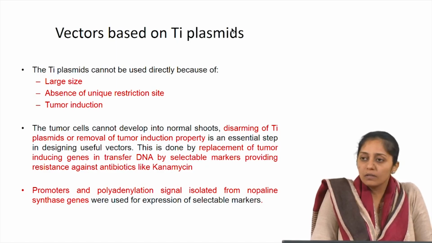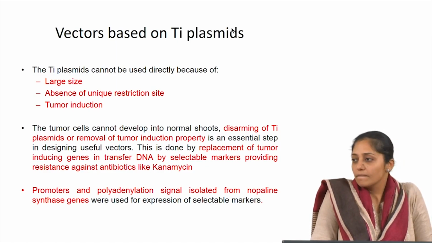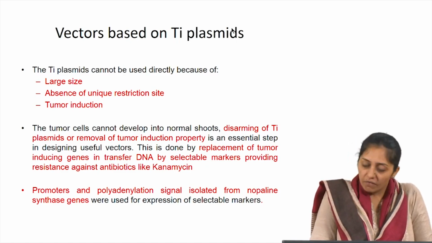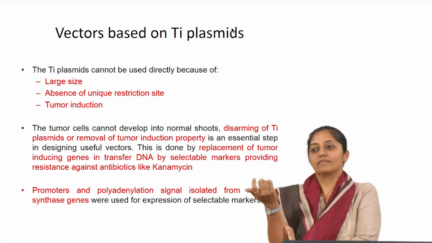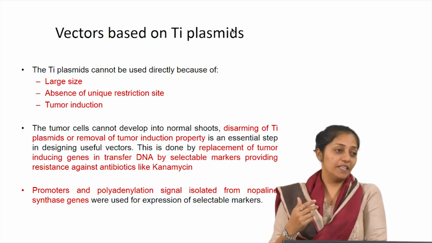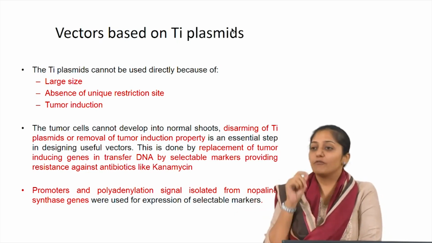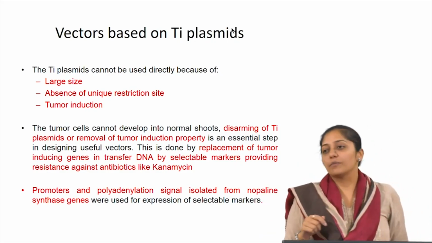Is this useful or not? Yes, it's useful. Why? Because they grow very fast. They do not need hormones in the medium. Generally, this is what is observed. This is how oncogenic genes are exploited for secondary metabolite production.